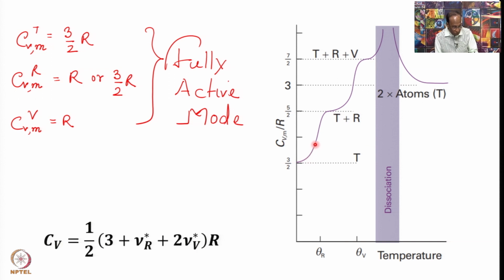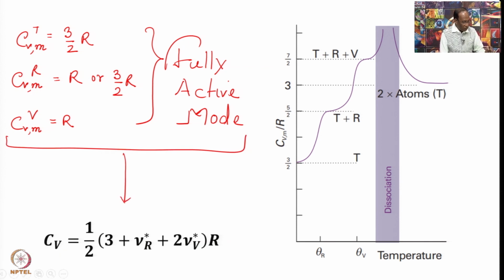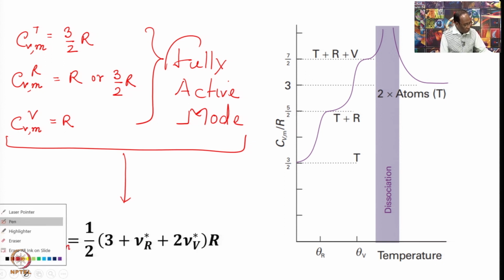Increase the temperature, rotational contribution will come in, and a full R, when the temperature is much higher than the rotational temperature, will enter in, taking 3/2 R to 5/2 R. And when you further increase the temperature, vibrational contributions will enter in, another R will add up, and you have 7/2 R. When you capture all these in the form of an equation, we can write CVM is equal to 1/2 into 3 plus nu R star plus 2 nu V star, into R.